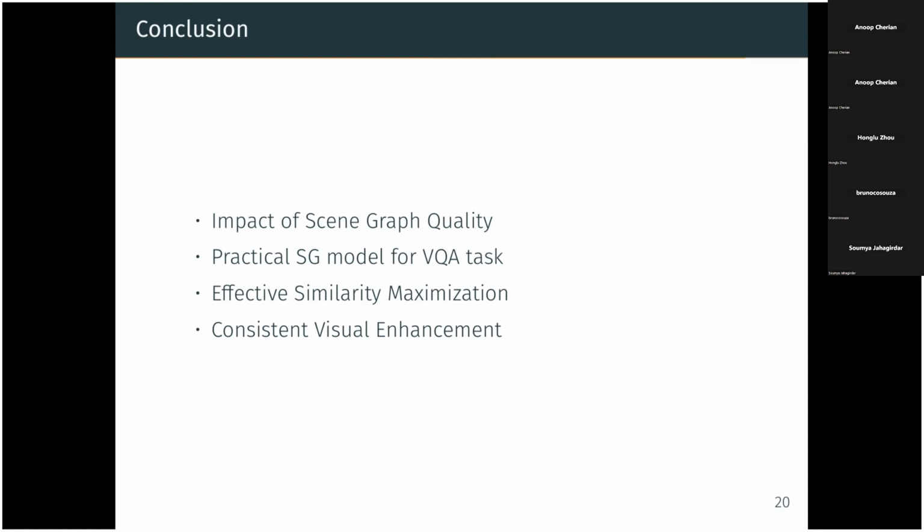And you saw that the similarity maximization improved the results by improving the visual information, which can be an alternative to an expensive model because it's simple yet effective. And the improvement stays consistent even when using a more expressive language encoder.